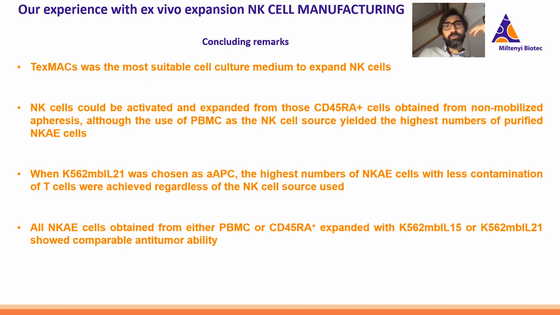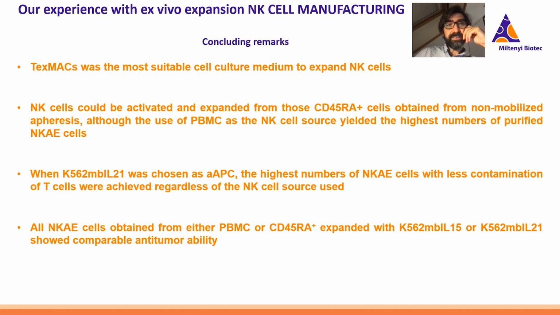So, in concluding remarks to finish my presentation, although TexMACS was the most suitable cell culture medium to expand NK cells, because at this time TexMACS was able to be used for GMP, we now know that the recommended medium is NK MACS. But we can activate and expand NK cells from three different starting materials: non-mobilized apheresis, CD56 positive cells, but also non-mobilized CD45RA positive T cell depletion.